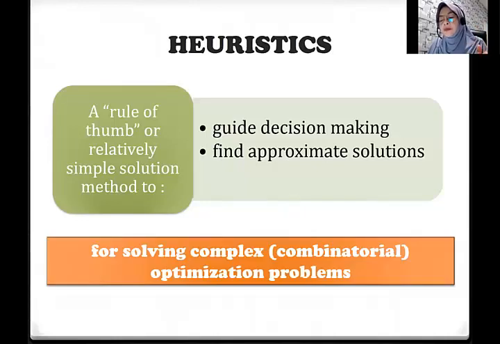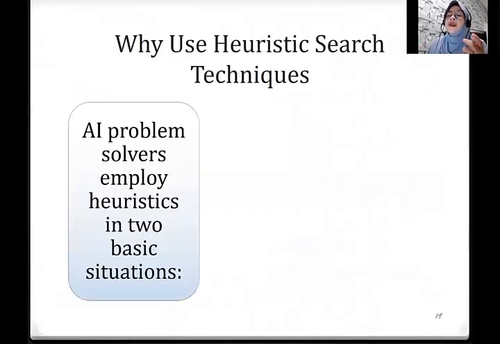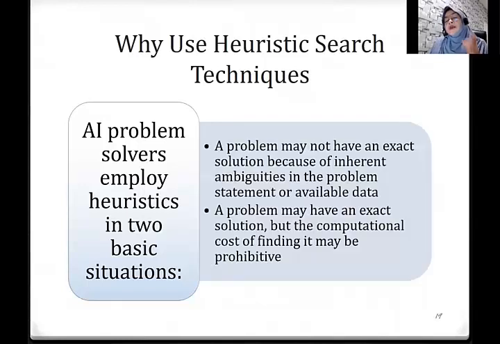For solving complex or combinatorial optimization problems, why do we use heuristic search techniques? An AI problem solver employs heuristics in two basic situations. First, a problem may not have an exact solution because of inherent ambiguities in the problem statement or available data.